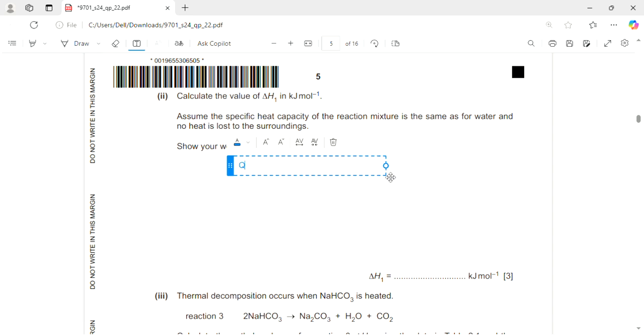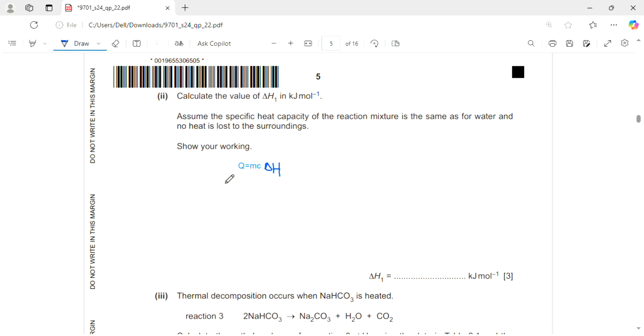The formula Q is equal to MC delta T. Right? So Q is equal to MC delta T.